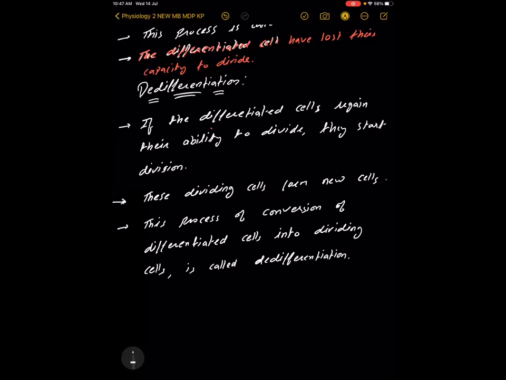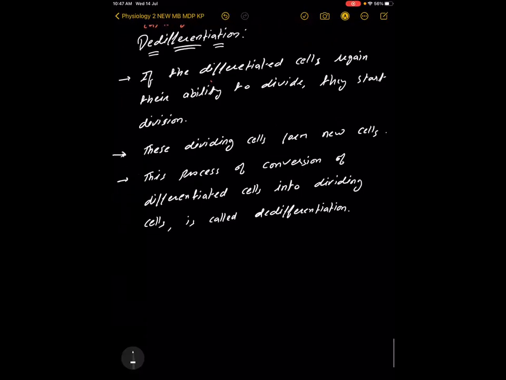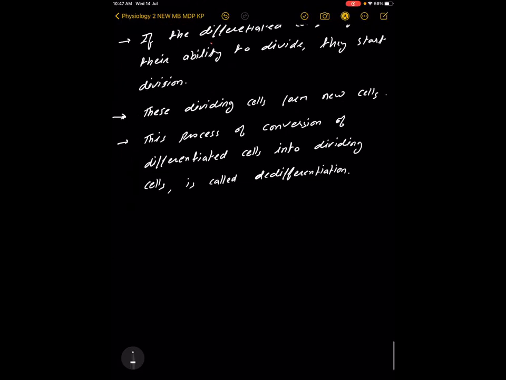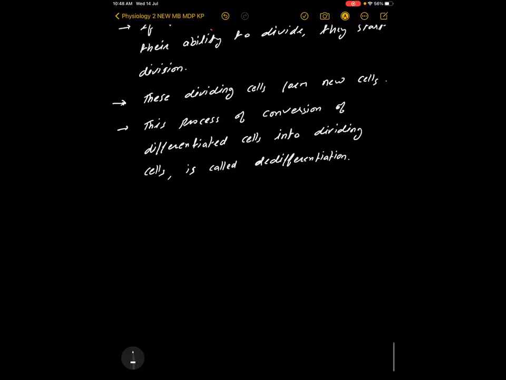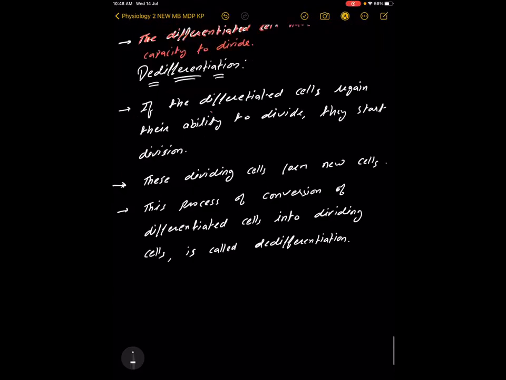It is because of secondary growth or injury. So wound hormone is present here. At the time of injury, a wound hormone is produced which stimulates mitosis in these permanent cells. So this is a natural process. So this is dedifferentiation finally.